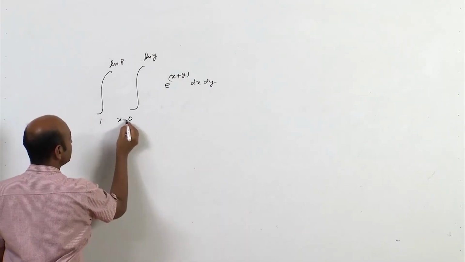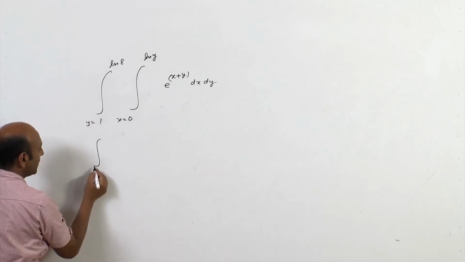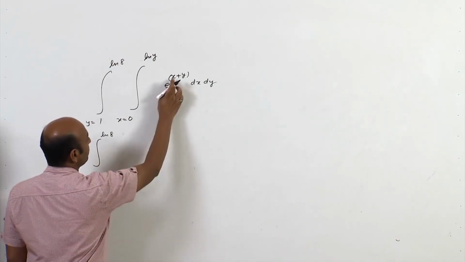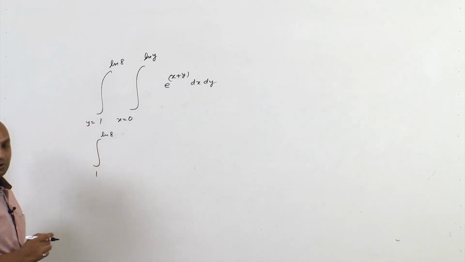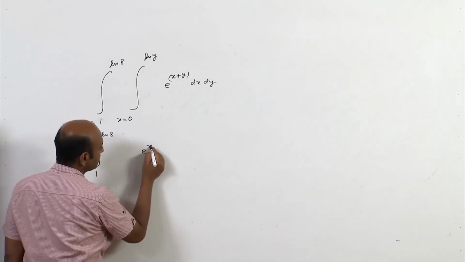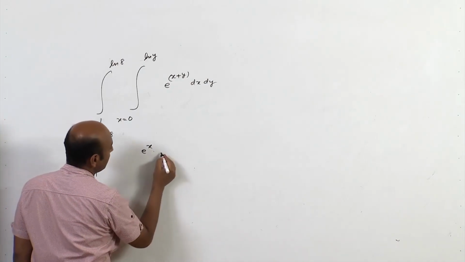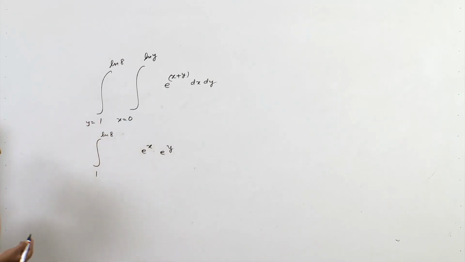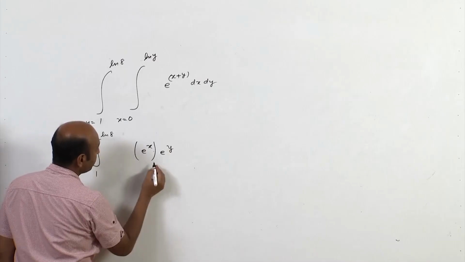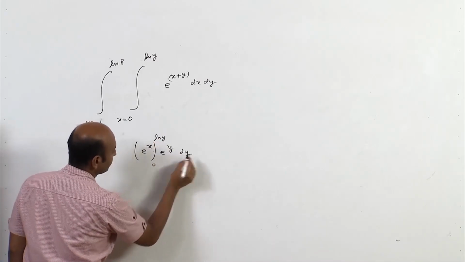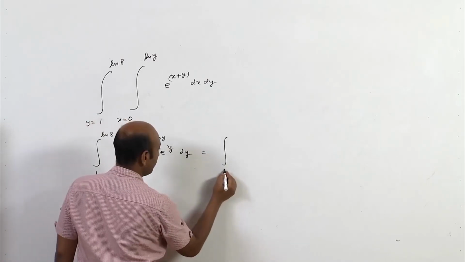So, these are for x, these are for y. So, again you can integrate in the same way. It is e raised to power x into e raised to power y. When you integrate with respect to x, e raised to power y will remain as it is, and the integral of e raised to power x will be e raised to power x, from 0 to ln y, dy. So, this equals integral 1 to ln 8.